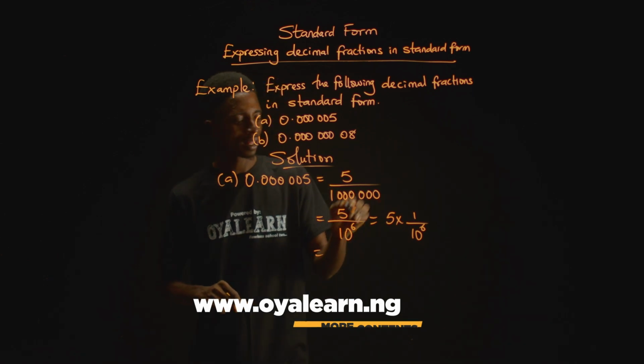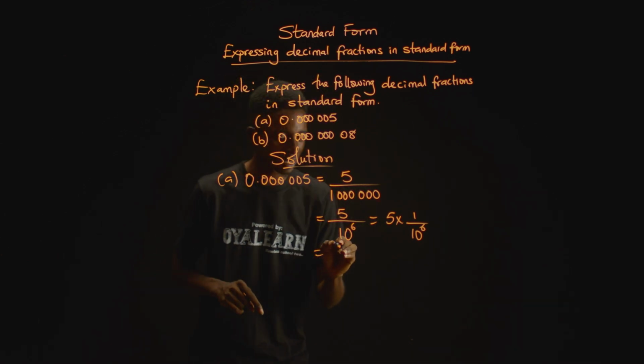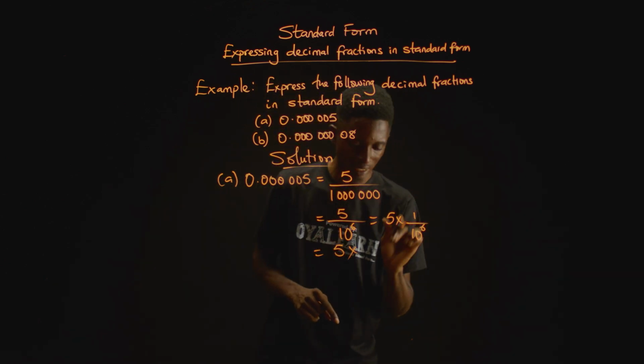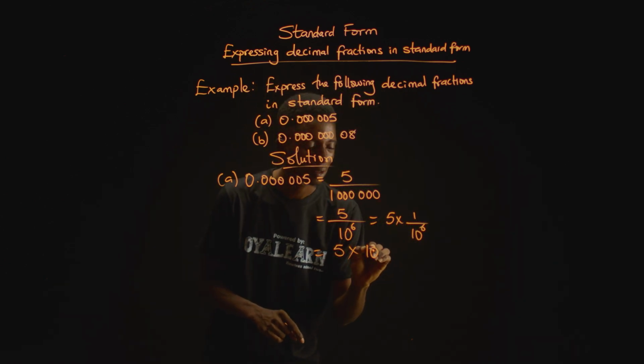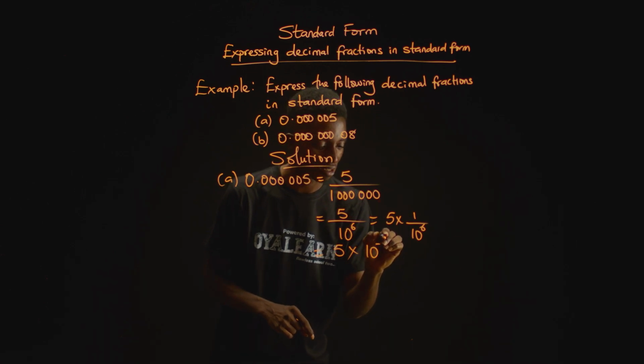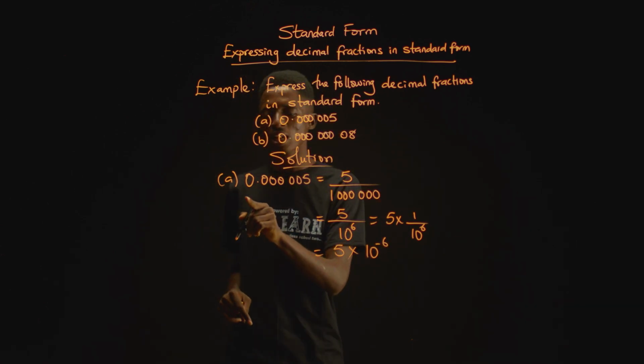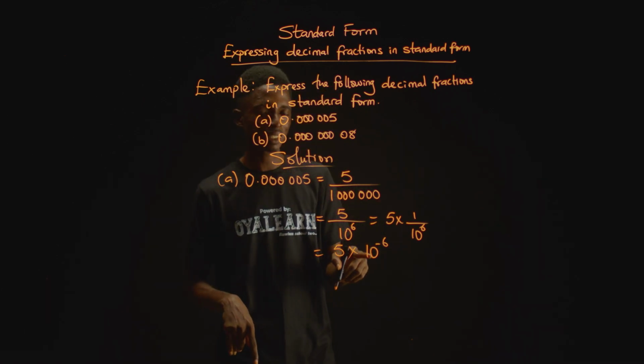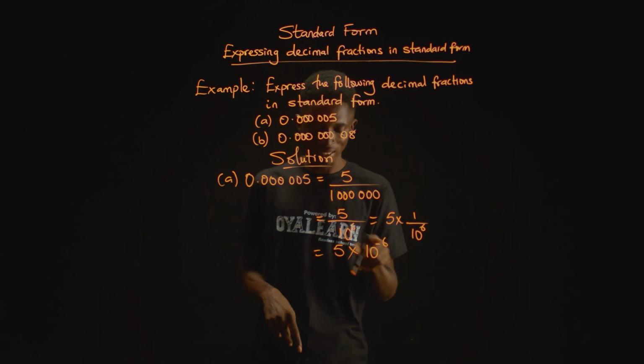That would mean that this number can then be written as 5 multiplied by, then when we follow the law of indices, what we have here is 10 with the power of negative 6. So therefore 0.000005 is 5 times 10 raised to the power minus 6.